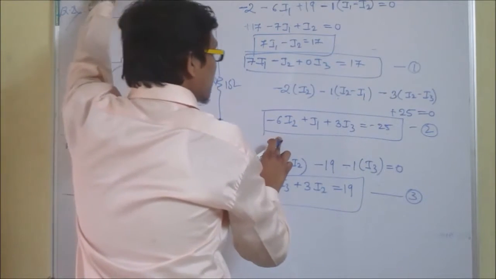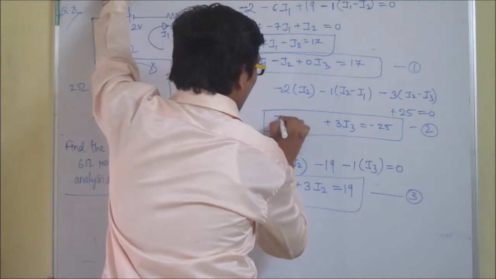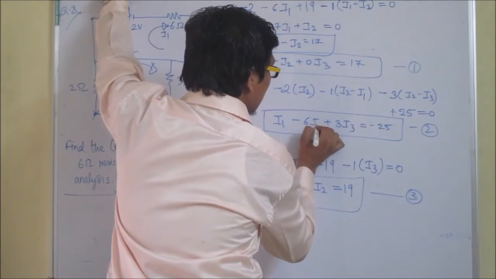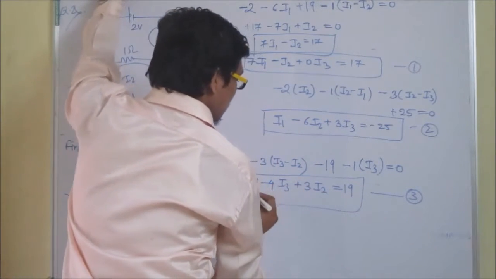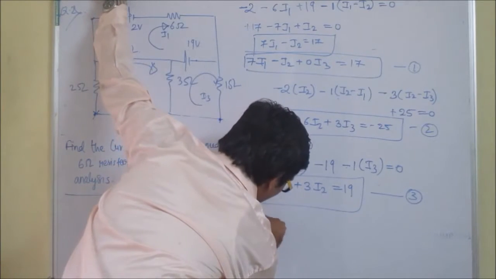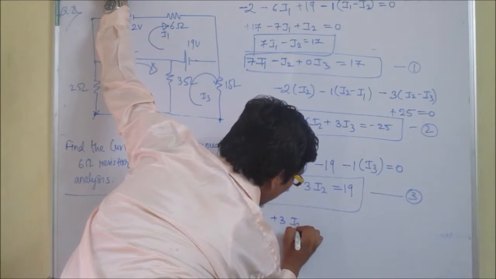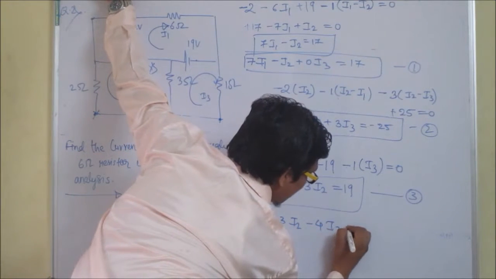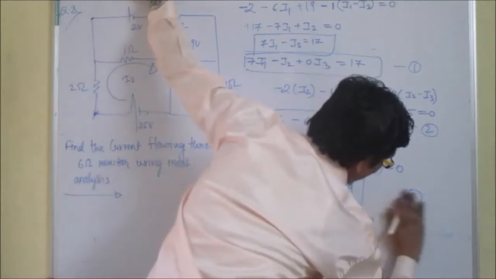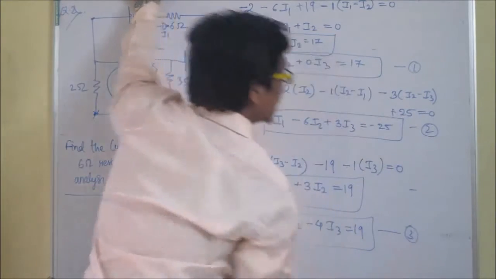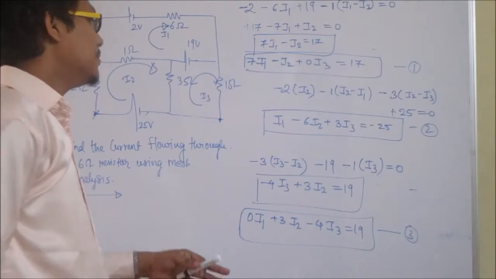Can I just rewrite the second equation as I1 minus 6 I2, and then can I just interchange this, that is 0 I1 plus 3 I2 minus 4 I3 is equal to 3. These are our three equations, three simultaneous equations.